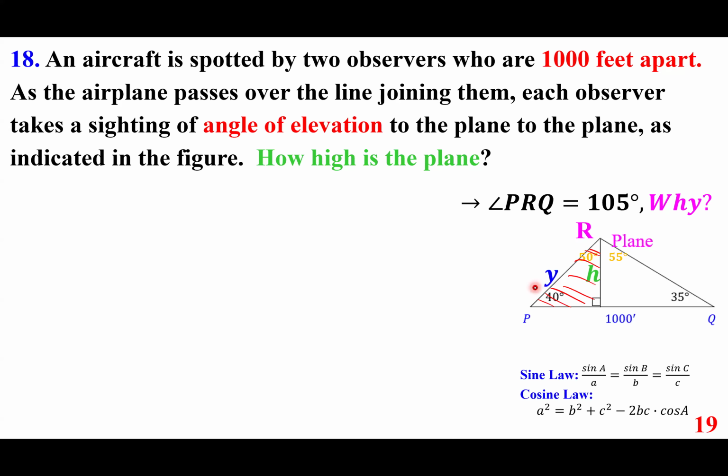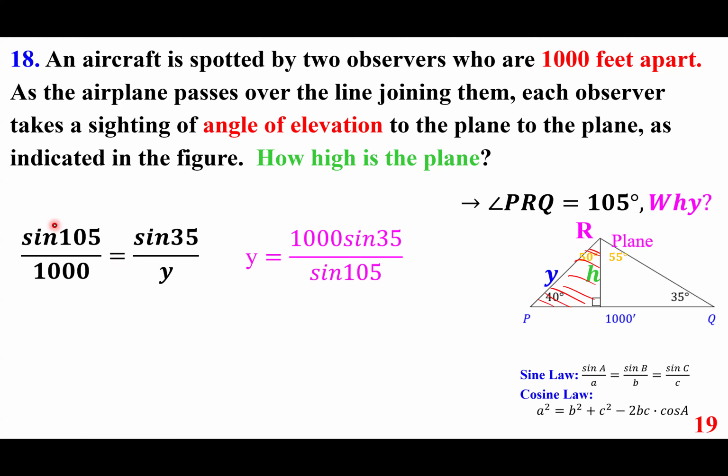So first I want to find y. So sine of 35 divided by y. Therefore, y is the product of these two divided by sine of 105. And you just have to put it into a calculator. So y, which is the distance PR, is about 593.81, roughly 594 feet.